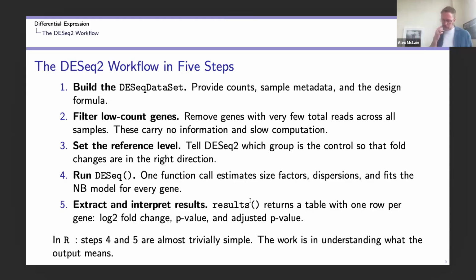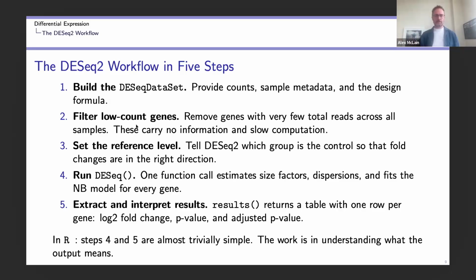Okay, so let's look at the full workflow here for DESeq2. First step is we are going to build the data set, so provide the counts, sample metadata, and the design formula. Second, DESeq2 is going to filter the low count genes. That removes genes with very few total reads across all samples. These carry little information and slow the computation.